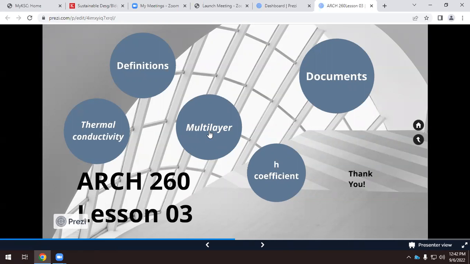So this is the most simple wall that we can have, especially in residential buildings. We don't have this in big commercial buildings, but what we have, the yellow stuff here, is a thermal insulation, and then we have internal finish and external finish. In this case, the finishes are the same.